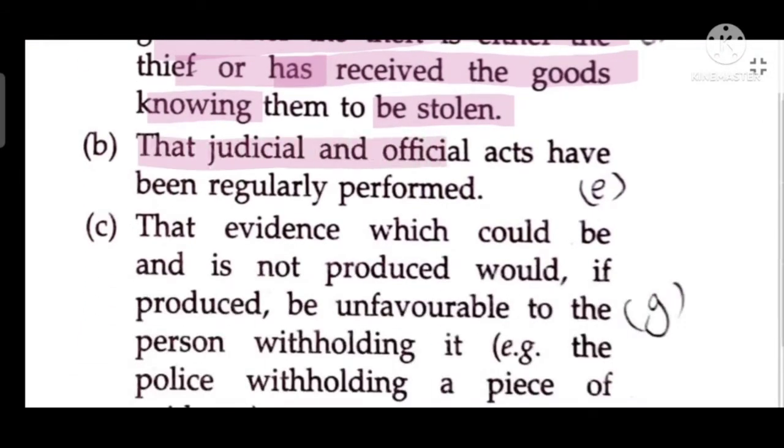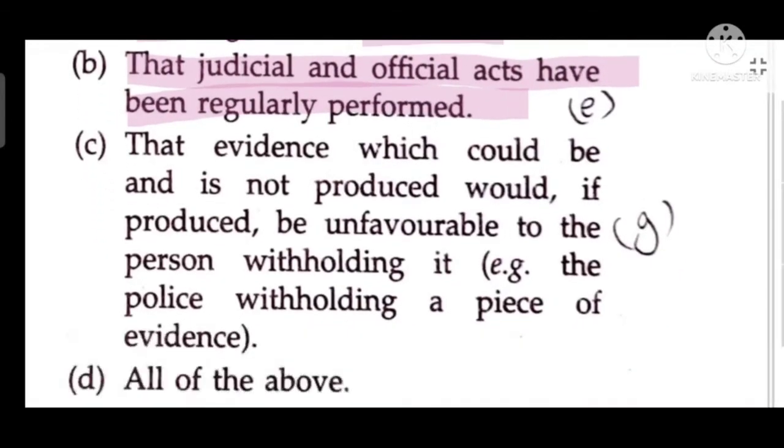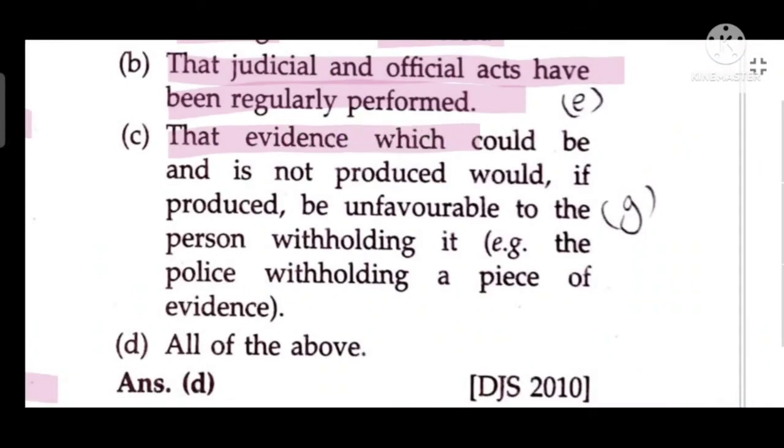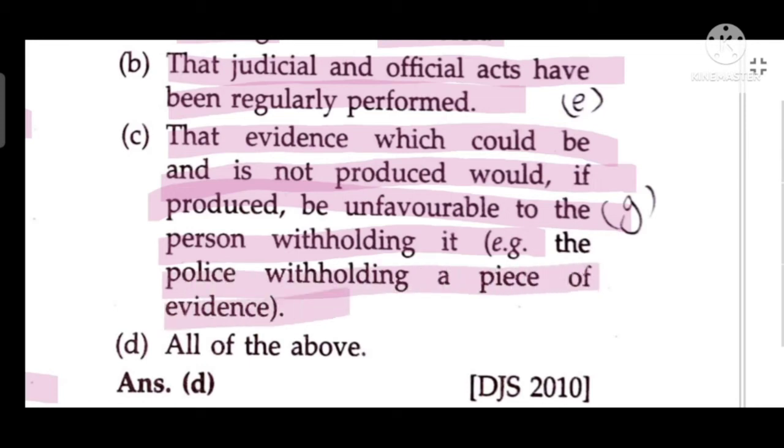That judicial and official acts have been regularly performed. That evidence which could be and is not produced would, if produced, be unfavorable to the person withholding it. Example: the police withholding a piece of evidence.